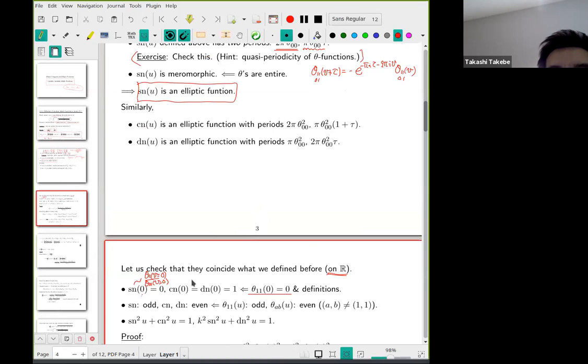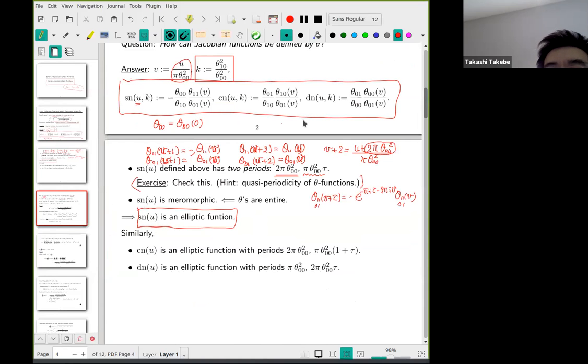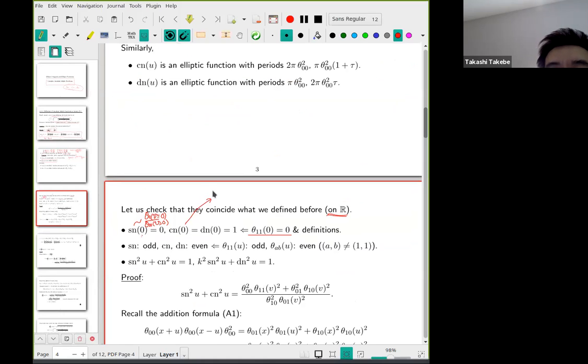The other two are proved similarly. Well, cn is this, and v should be 0.